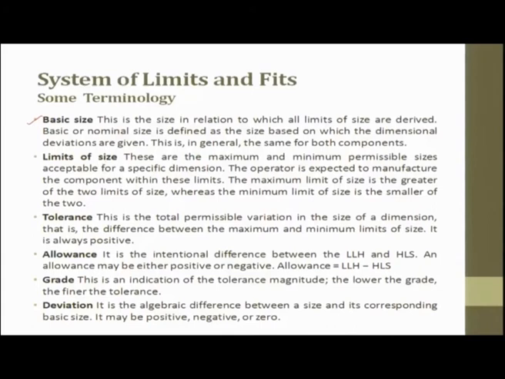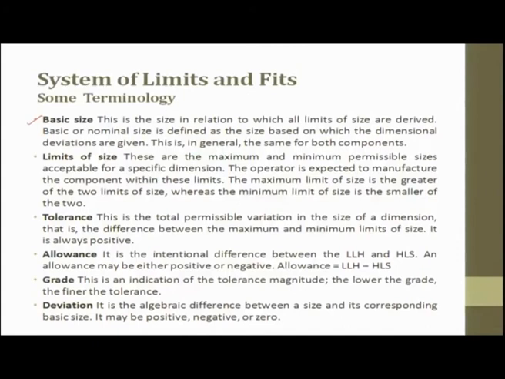What are the limits of size? There are two limits, maximum and minimum permissible size acceptable for a specific dimension. The operator is expected to manufacture within the maximum and minimum limits. The maximum limit of size is the greater of the two limits of size, whereas the minimum limit of size is the smaller of the two. What is tolerance?